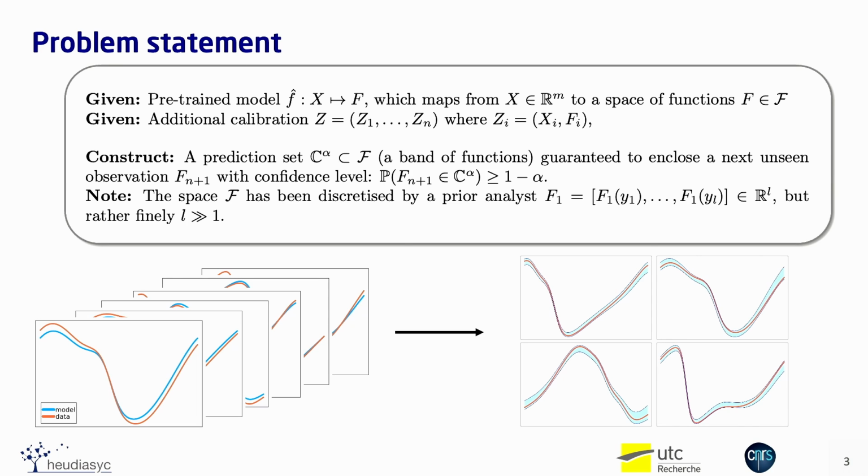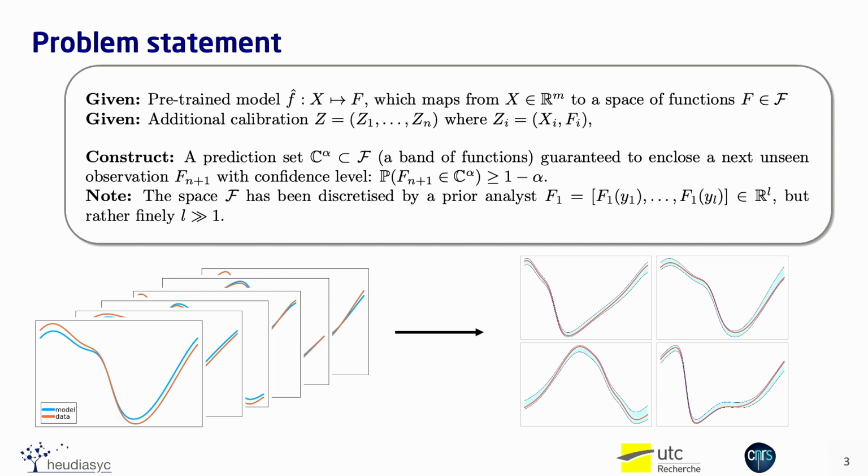So you'd like to generate this prediction set in this function space with the conformal guarantee. And just to note that although these models operate in function spaces, in practice they are discretized.